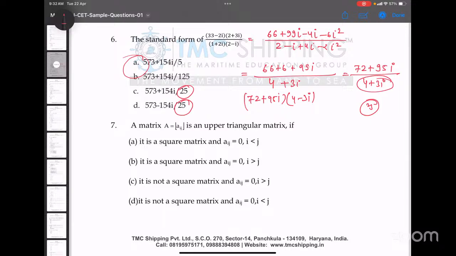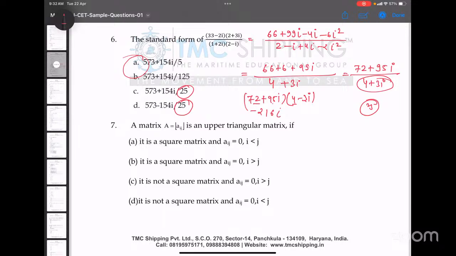So if we are going in the right direction, we should check the imaginary part of the complex number, not the real part. So what will I do? I will just try to solve it for iota. I will ignore the rest of the calculations. Like 72 into 4, I'm not interested in that multiplication. 72 into minus 3 iota, that is of my interest. So 72 into minus 3 will be how much? 3 twos are 6, and 3 sevens are 21, with minus sign iota.